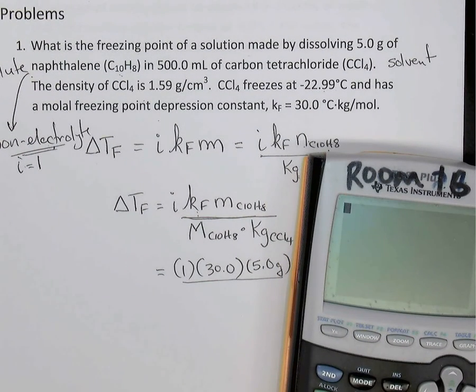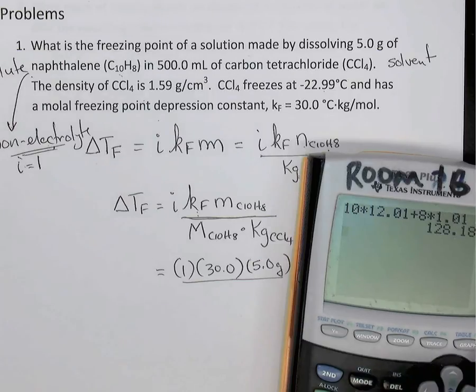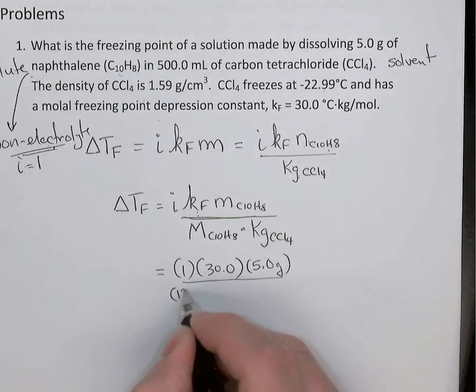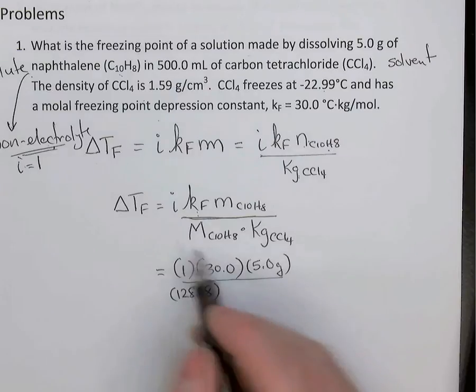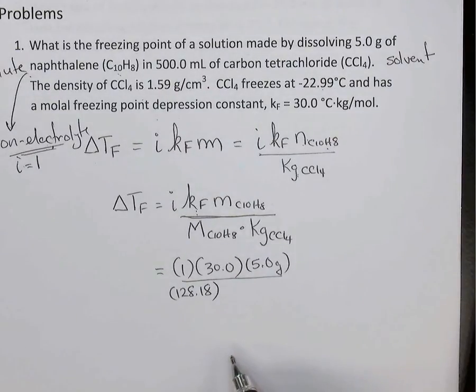So we have C10H8, so 10 times 12.01 plus 8 times 1.01, 128.18. I'm being a little lazy with my units here, but the formula is right above, so the units are straightforward. This will be grams per mole.